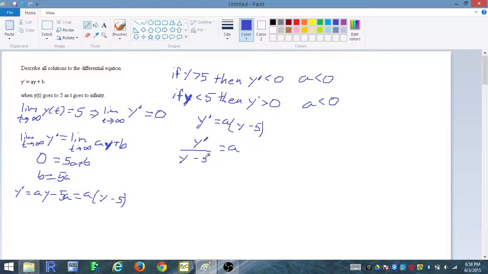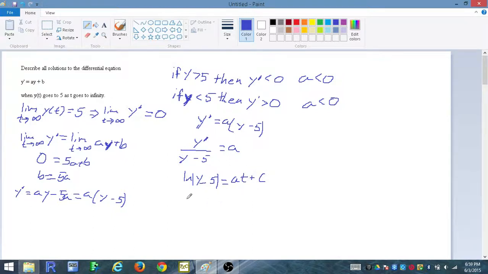Alright, well, you can notice that the derivative of the denominator is in fact the numerator. So if I integrate the left-hand side, this is actually natural log of the absolute value of y minus 5. And if I integrate the left, I have to integrate the right. This is going to be equal to a times t plus some constant.